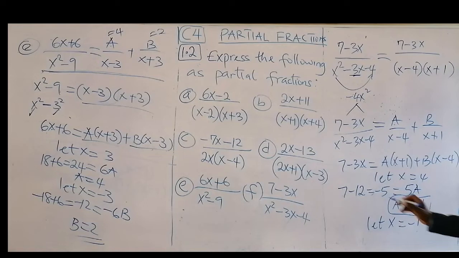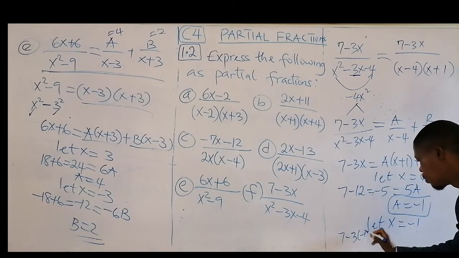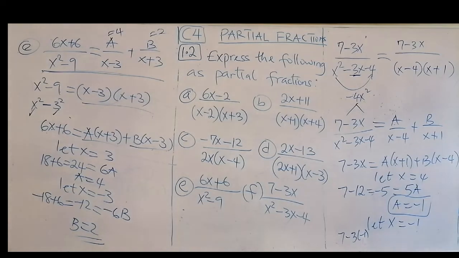So in that case we're going to have 7 minus 3 times minus 1, that will give us 10, equal to, this we cancel, then we have minus 1, minus 4, that's minus 5B. So B is minus 2.